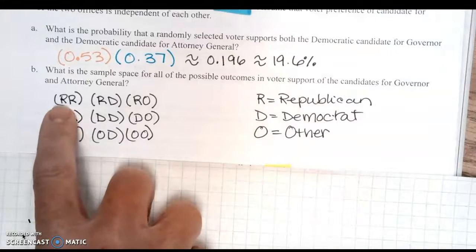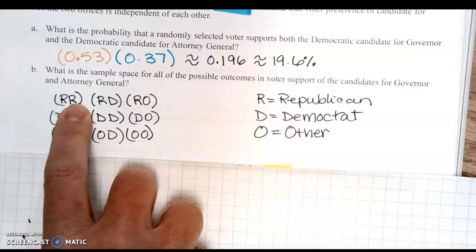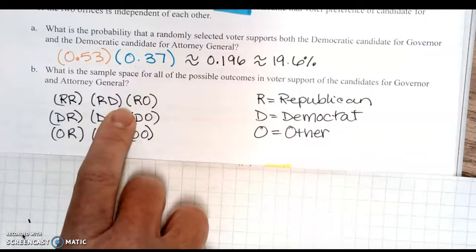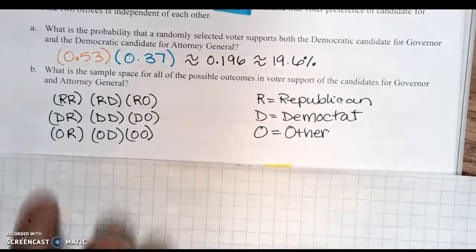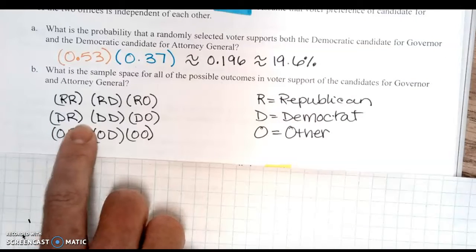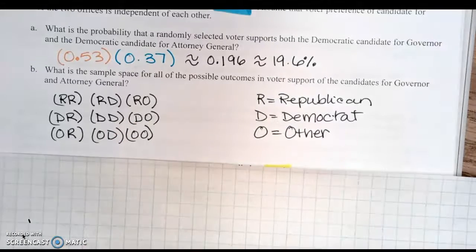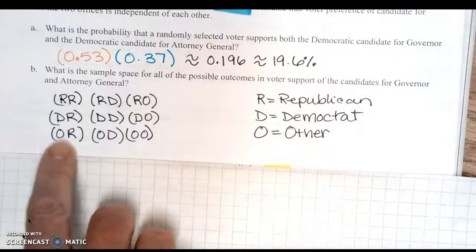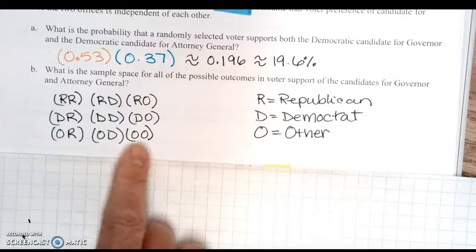So for governor, they could vote Republican and Attorney General Republican. Or they could do Republican then Democrat. Or they could do Republican and other. Or they could vote Democrat and Republican, Democrat and Democrat, or Democrat and other. Or they could vote other and Republican, other and Democrat, or other and other.